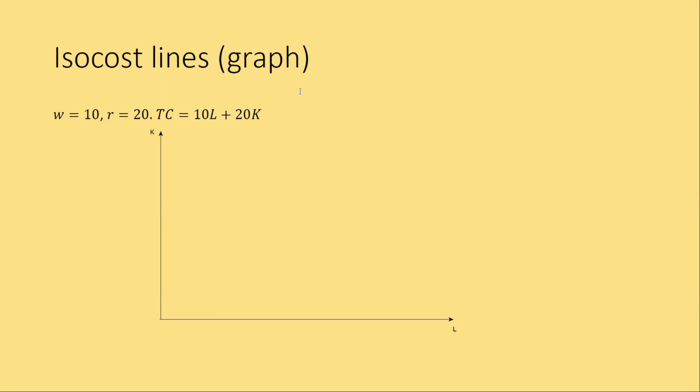So let's see, we want to draw an iso-cost line where TC equals 100, where the firm pays $100 as total cost. This is basically 100 equals 10L plus 20K. So we are going to draw a line that is represented by this equation.